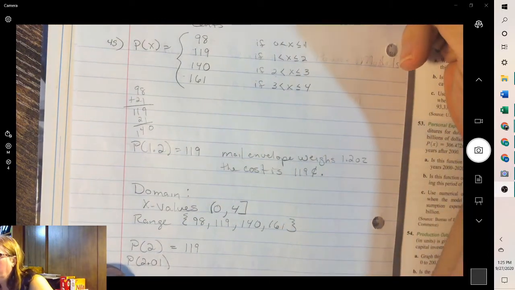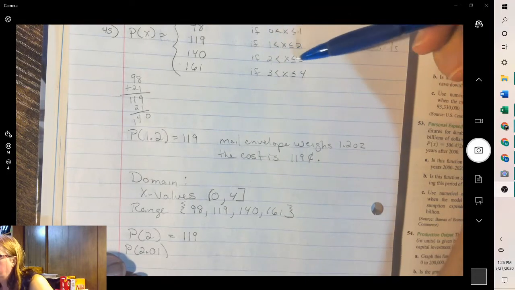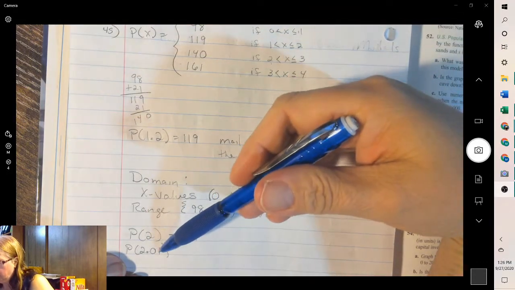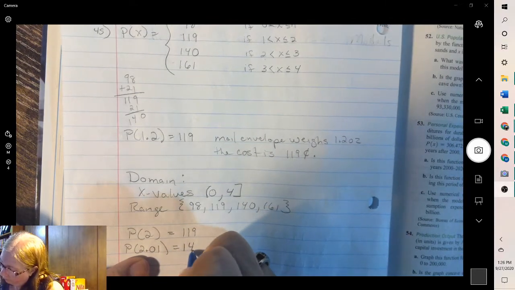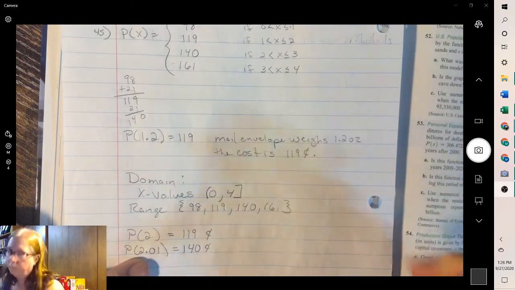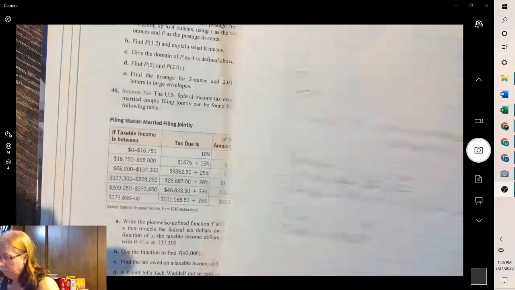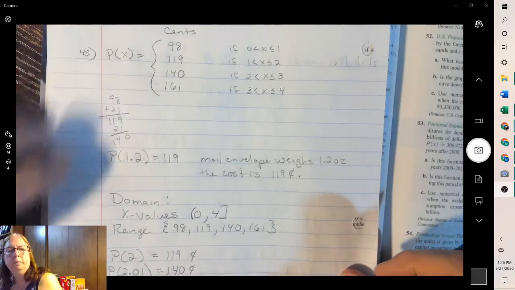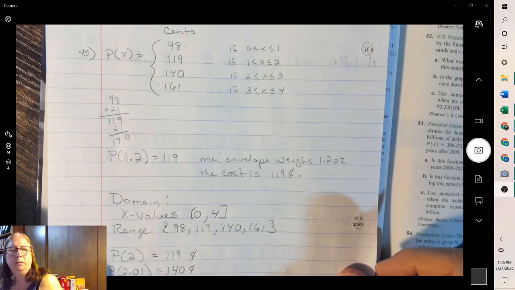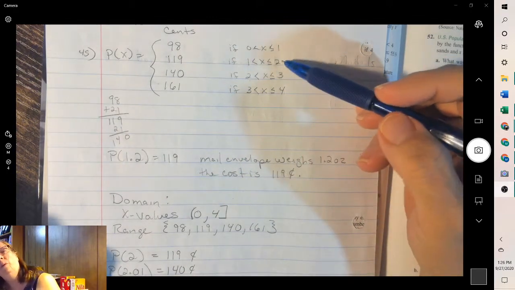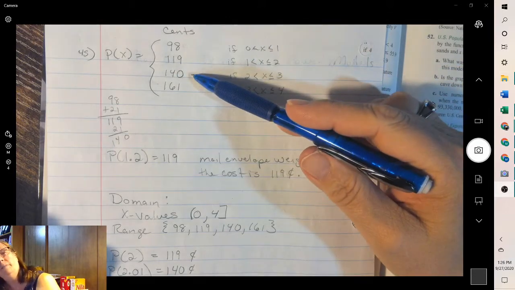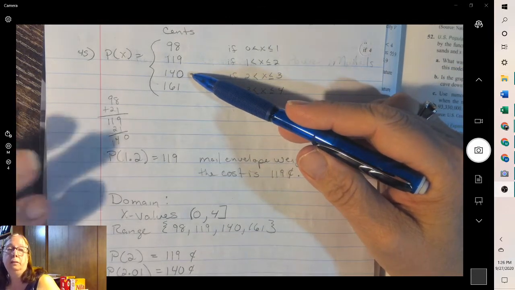But when we go over by 0.01, a hundredth of an ounce, it puts us here, and it gives us 140 cents. Find each. So the P of 2 is 119. If we go a little bit over, it drops it into the next value, and so it costs 140 cents.